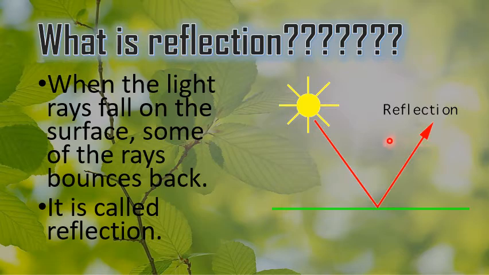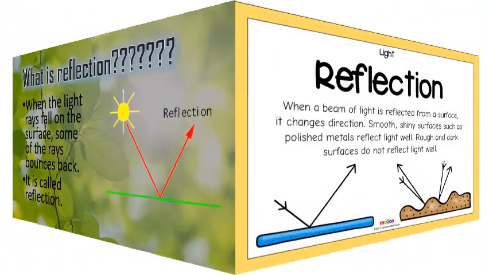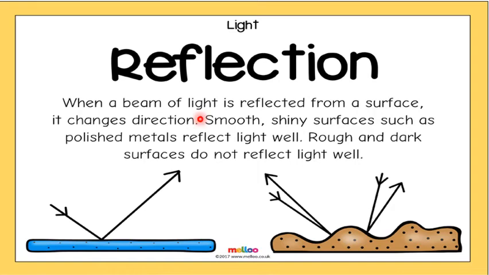So what is reflection? It is simply the bouncing back of the light after getting hit on any object. Okay, we are calling these lines light rays. Here comes the definition of reflection in other words as well.